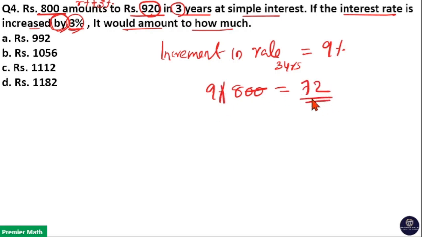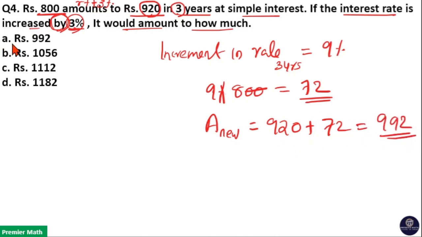So, this 72 rupees is the new interest added because of this 3% rate increment for 3 years. So, the new amount is the current amount, 920, plus the new interest added, 72 rupees. So, the total becomes 992. Option A is your answer.